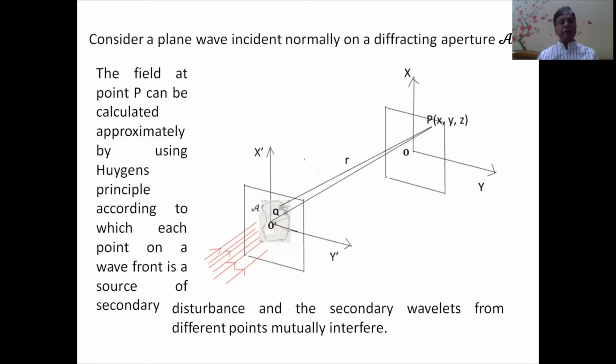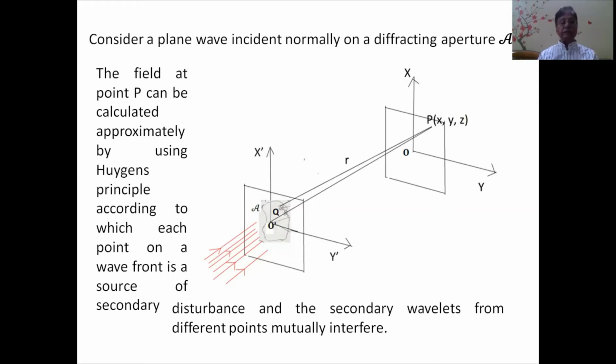Naturally, when the plane wave arrives on the aperture, then according to Huygens principle, each point of this aperture behaves like a source of secondary disturbance, or wavelets emitting fresh waves.